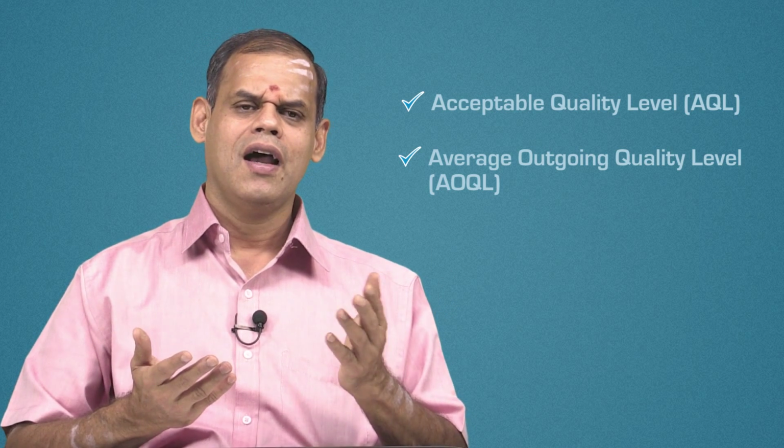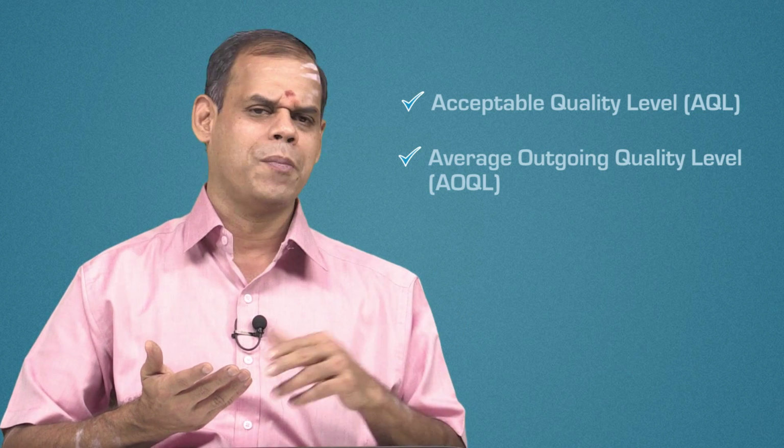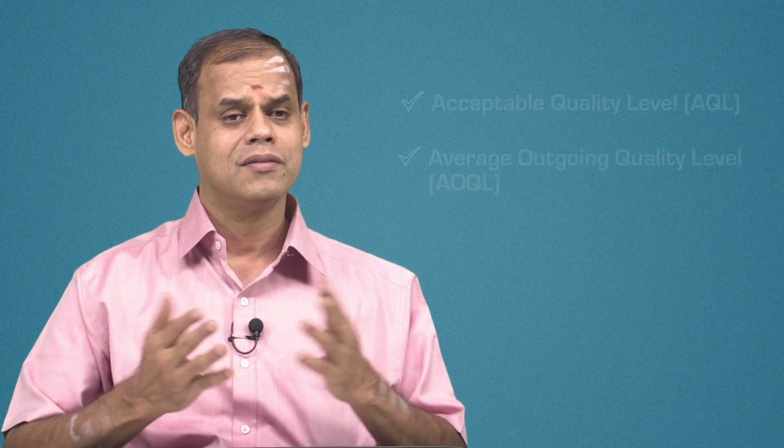For instance, an AQL of 10% and AOQL of a few percentage points and so on. However, for the current need, these measures are grossly inadequate and inappropriate. We are looking for some mechanisms to deliver near zero defects in operations. Therefore, we need metrics commensurate to this requirement.